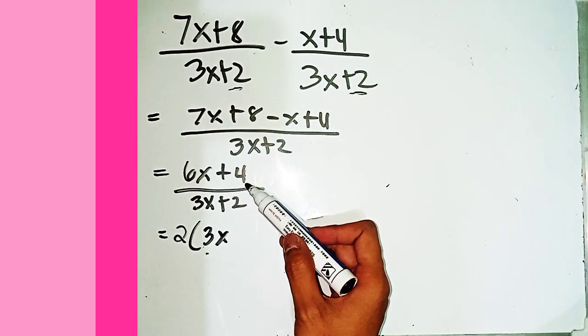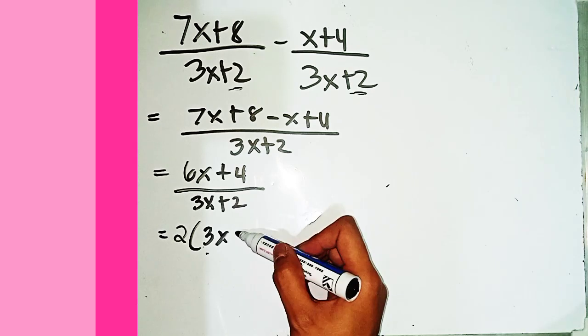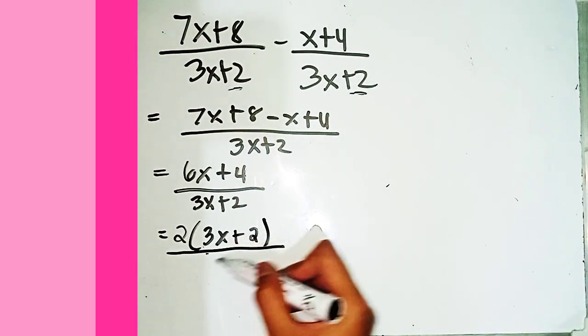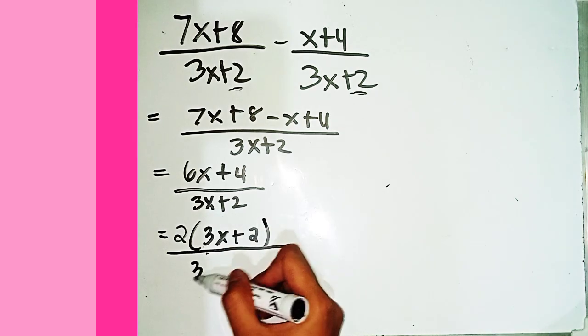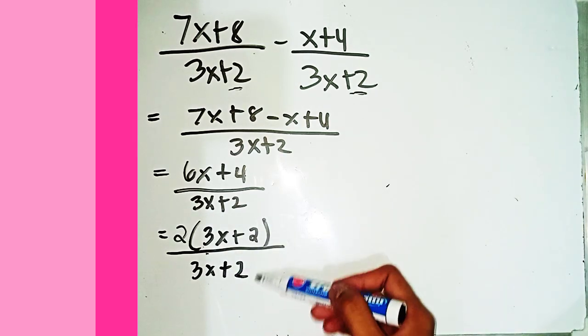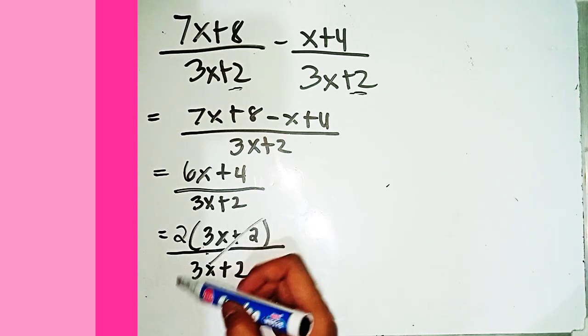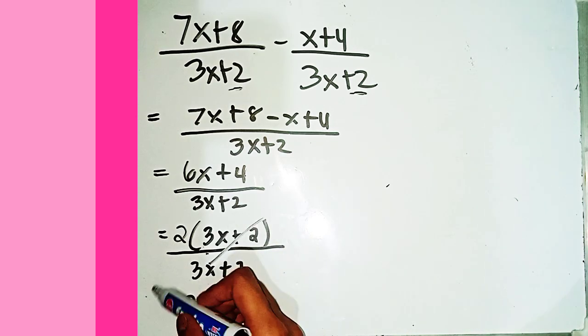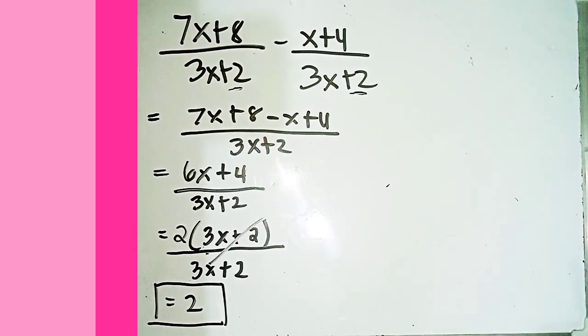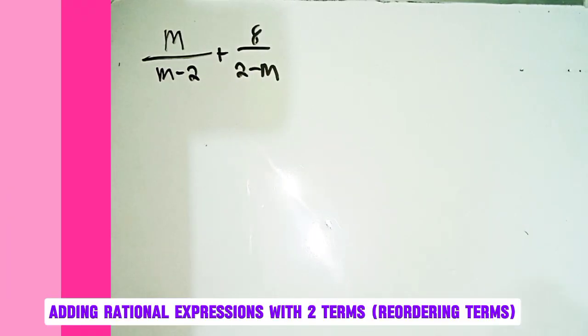And 4 divided by 2, that would be positive 2. So all over 3x plus 2, just copy the denominator. So you can see, we can cancel out 3x plus 2 and 3x plus 2. We'll have the final answer as 2. Okay. So on to our sixth problem.